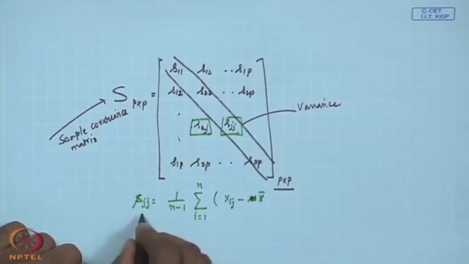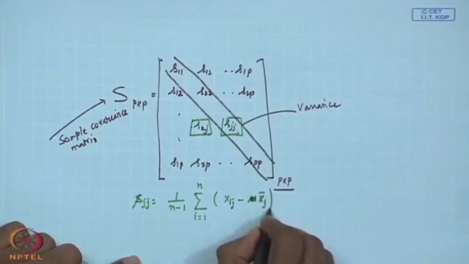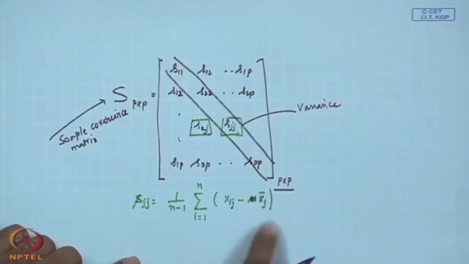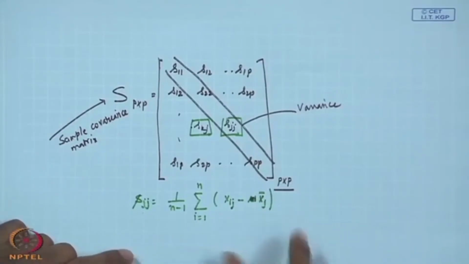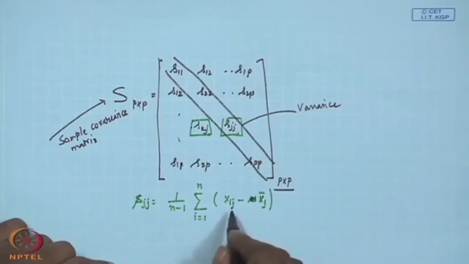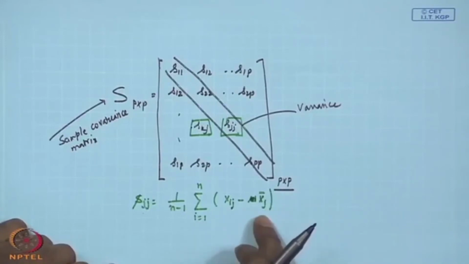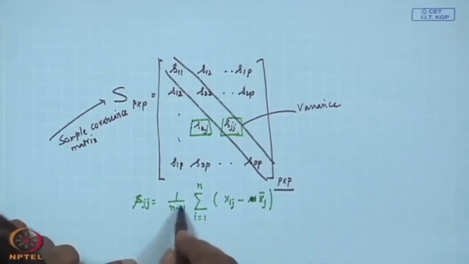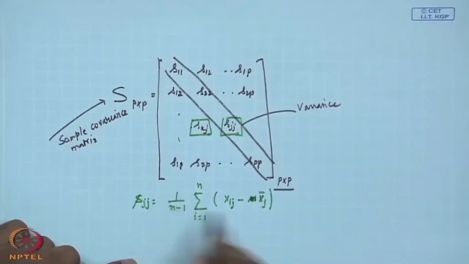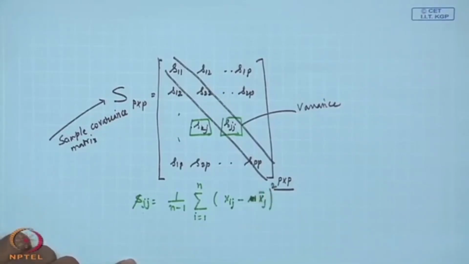Now, j is coming into consideration, we will write like this. You can use mu, but here mu is not available, and in the sample case we will always subtract the sample average. That is why n minus 1 is used. If you use mu here, it will be 1 by n. So, this square, yes or no?